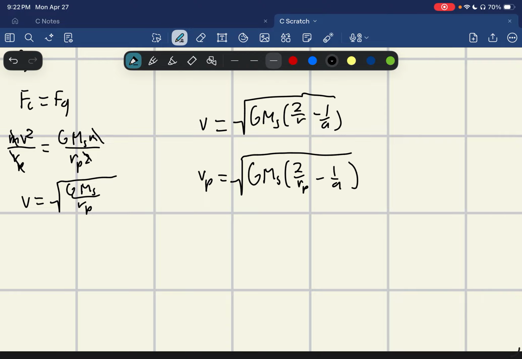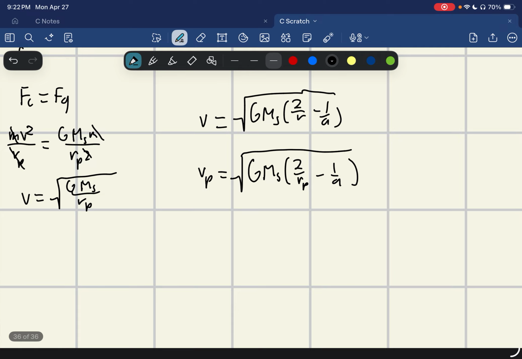And then comparing the two, we can see that they both have a radical and a GMs, so I would just ignore those and compare the 1 over rp in the circular orbit to the 2 over rp minus 1 over a.